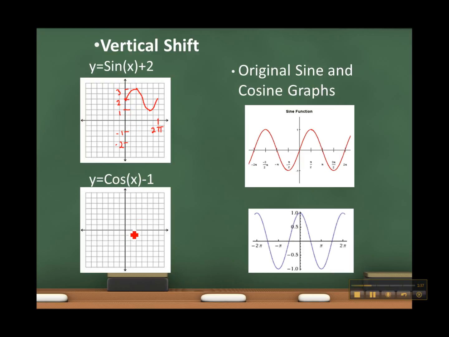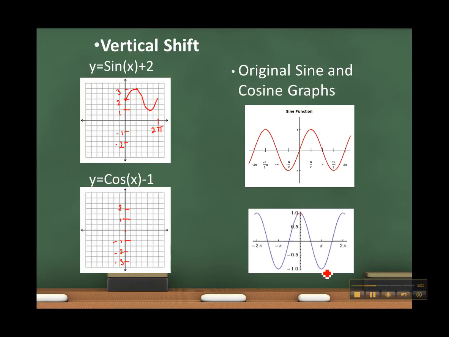And here will be exactly the same, except that I'm going to shift it down 1 unit. So I'm going to make this a 1, this a 2, this is a negative 1 now, and this is a negative 2, and this is a negative 3. The cosine starts at 1, so I'm going to make this 1 a 0, because 1 minus 1 is 0.